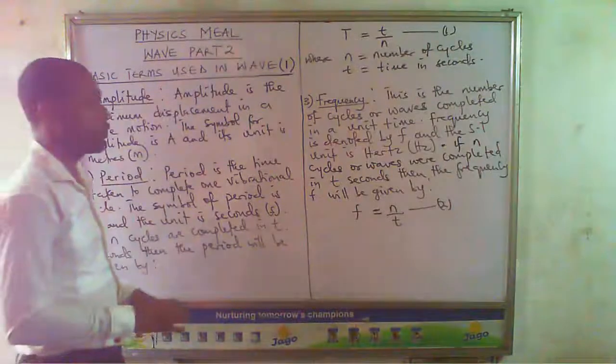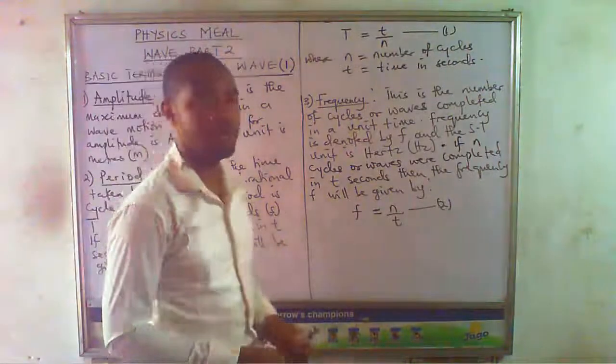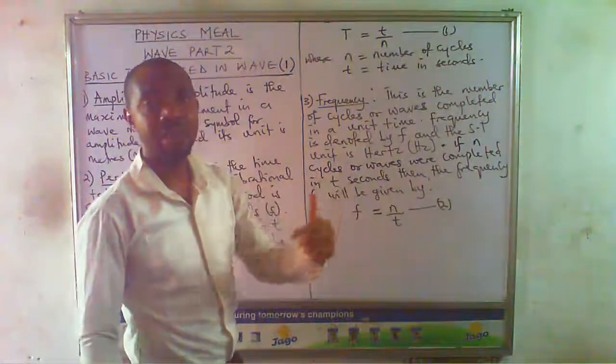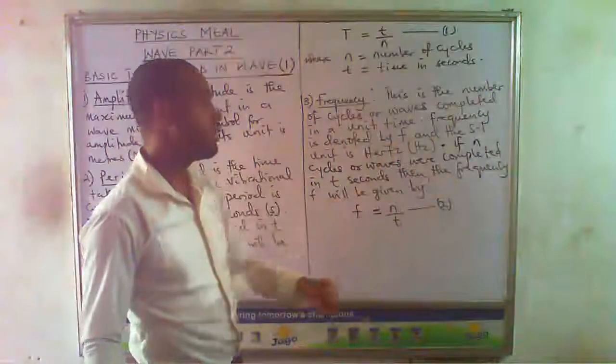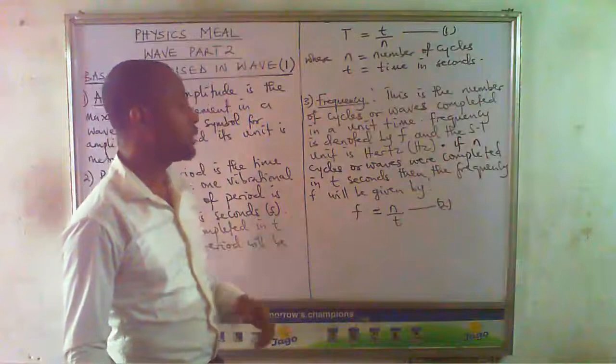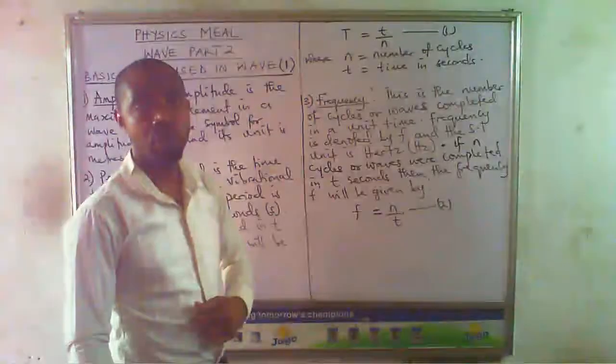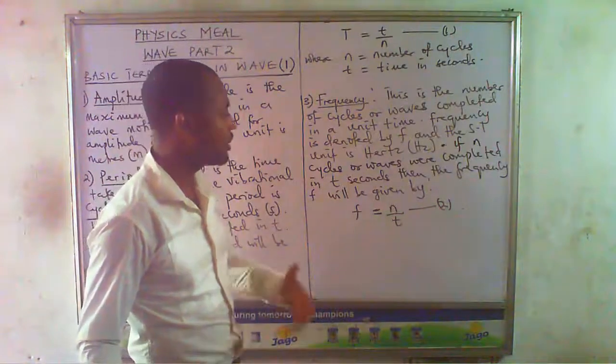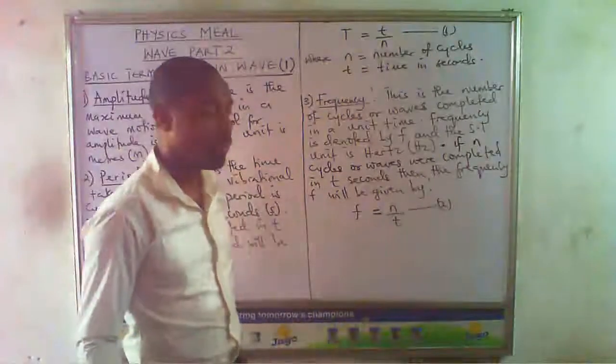That's my equation 2. So the number of waves completed in 1 second, in a unit time, gives us the frequency of a wave.